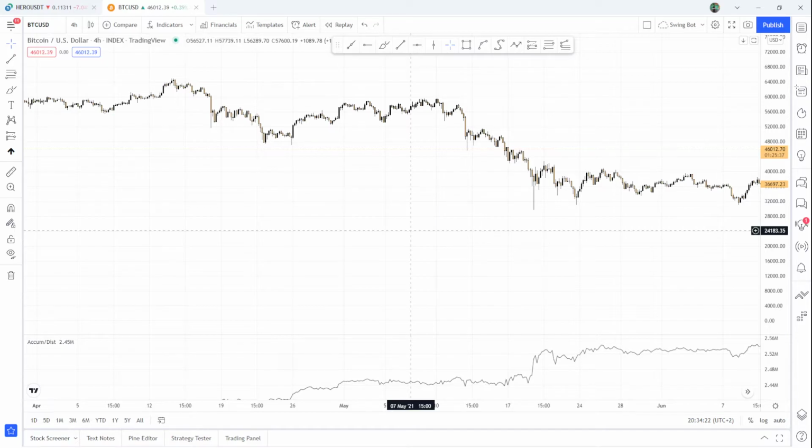This is known as negative divergence. And also when the price continues to make lows and accumulation and distribution fails to make lower lows too, the downtrend is likely to stall or fail, okay. The thing that I have shown you.